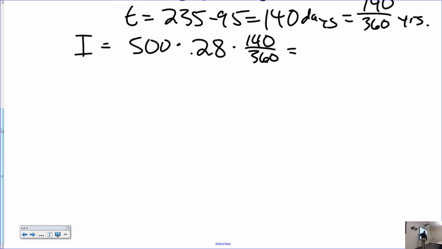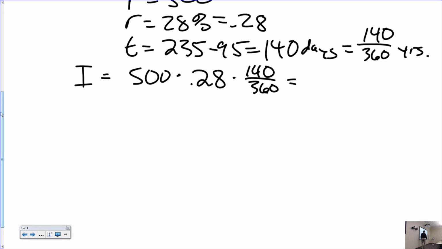What did you get? 54 and 4 ninths, or 54.4444, so $54.44. And since I asked how much do I pay back, what would I do here at the end?